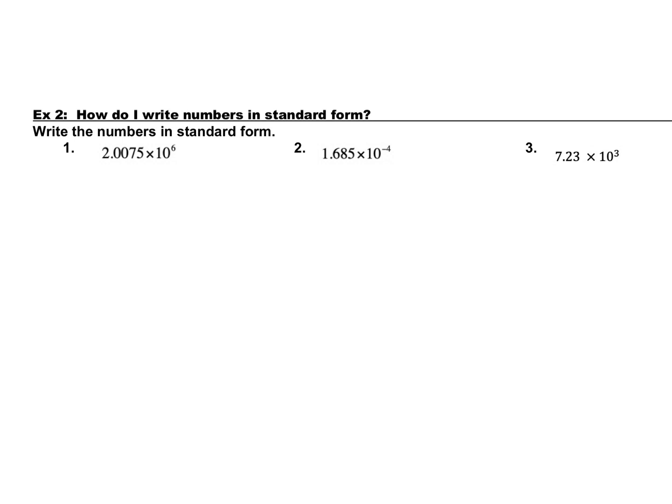I want you to notice that there are some of them that have a positive exponent and some that have a negative exponent. I want you to note that when we have a positive exponent, we're going to be multiplying by 10 over and over and over again.